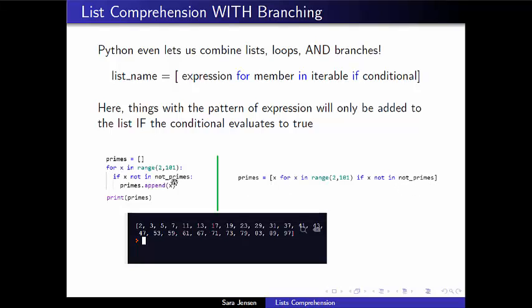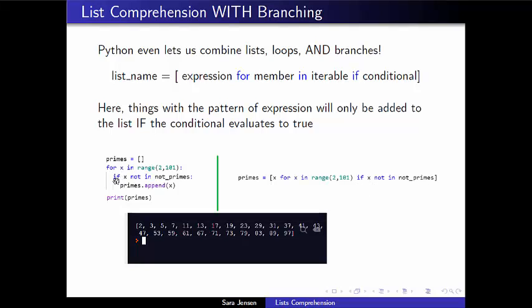So this if statement that I would have had inside the for loop or after it in terms of top-down coding, it now comes after the for part in my list comprehension in this left-to-right coding.